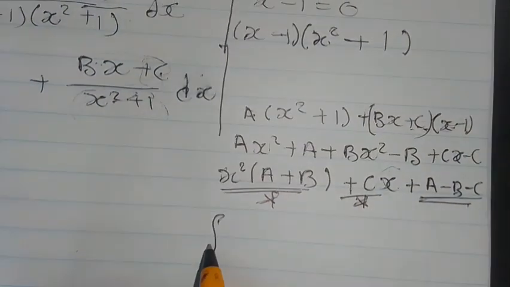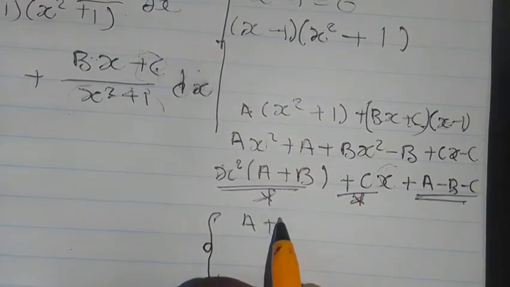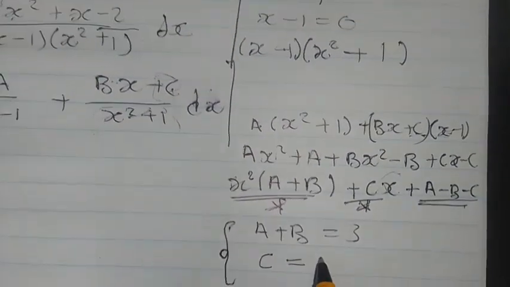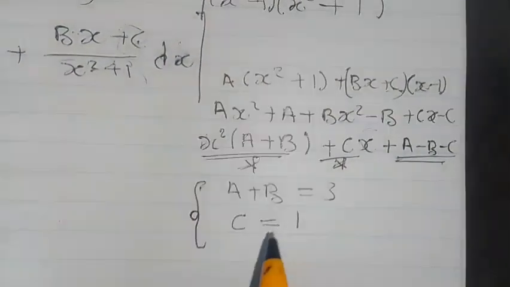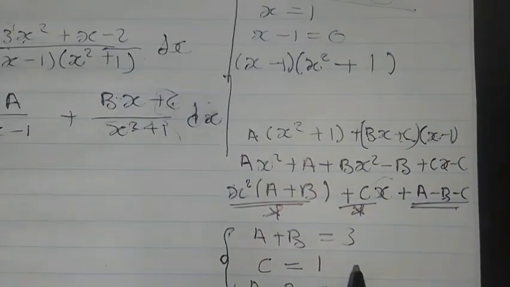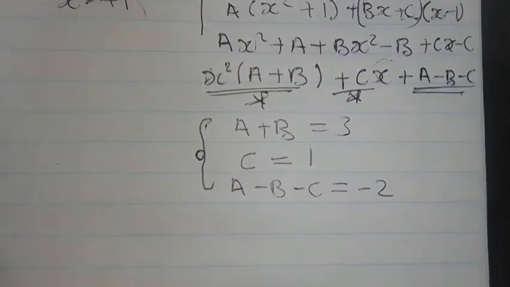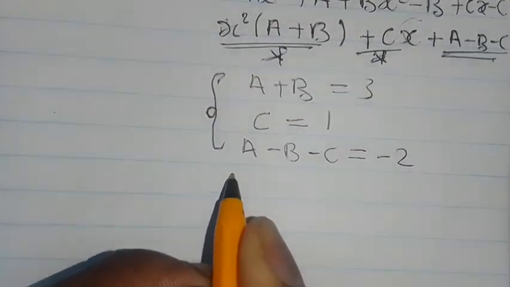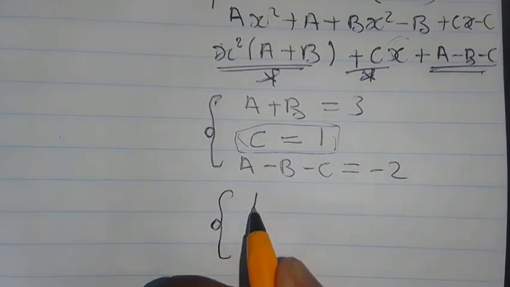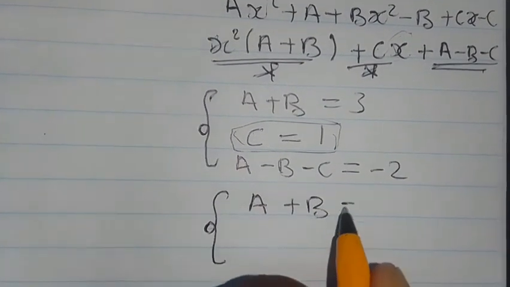Now this means that here we have 3 going with x squared. That means that a plus b equals 3. So c is just the same as 1. And a minus b minus c equals the constant, which is minus 2. But we already know the value of c, so we can just get rid of this one and plug in c. So we have a plus b equals 3.